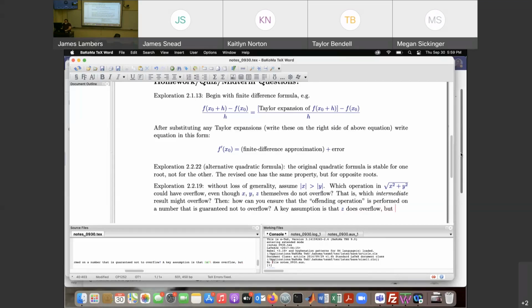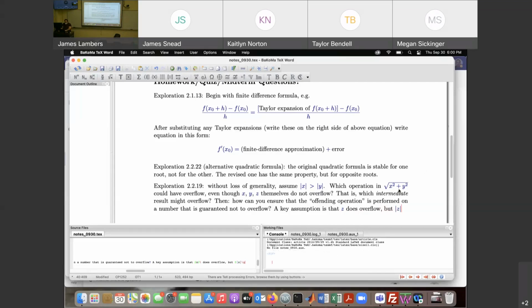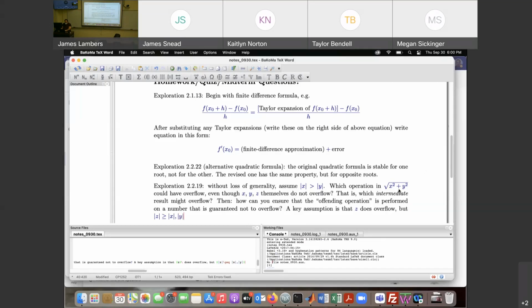But because we have a square root of a sum of squares, we have the following. z is greater than or equal to the absolute value of x, also greater than or equal to the absolute value of y. Okay. All right.